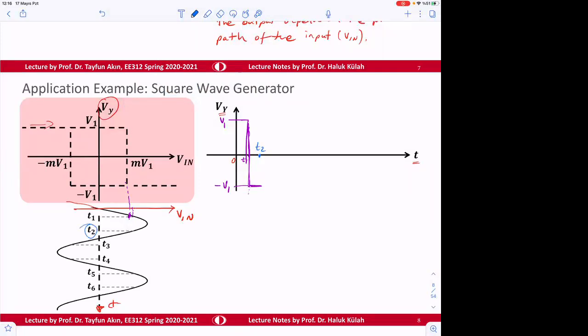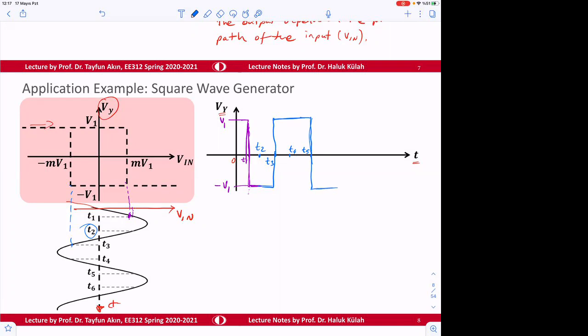Nothing happens until it reaches this point, T3. So when it comes to T3, it goes back up here. So this looks stupid, but it's okay. T4, somewhere around here, nothing happens until it comes to T5. This is T5. Okay. So that's how it goes.